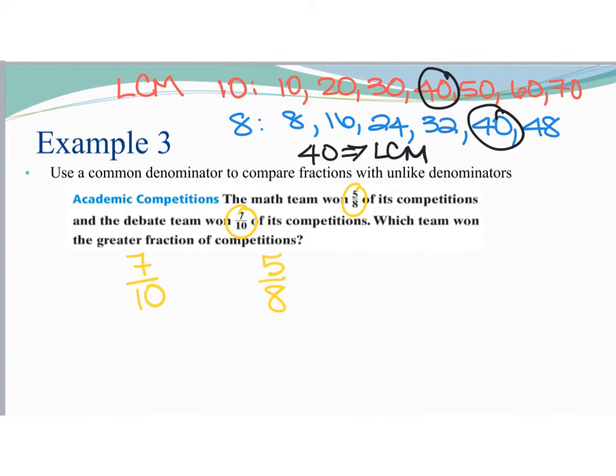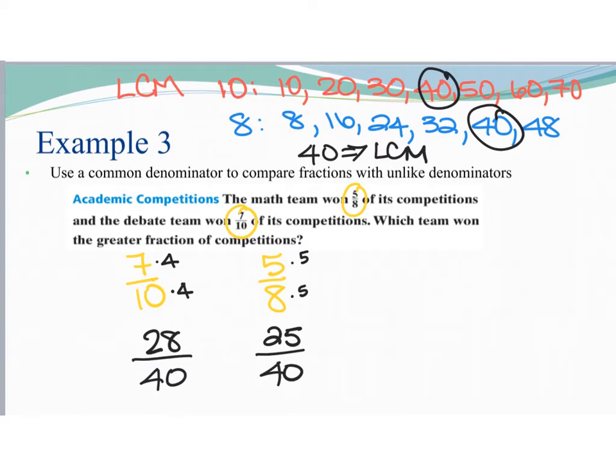So what that means is if I'm going to rewrite this, I'm going to make my denominators both a 40, and I had to multiply 10 by 4 to get to 40, which means I also have to multiply the 7 by 4. So 7 times 4 is 28. To get to 40, I have to multiply 8 by 5, which also means I have to multiply that numerator by 5. 5 times 5 is 25.